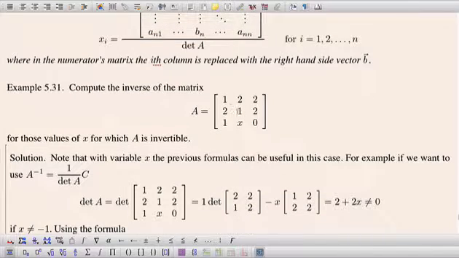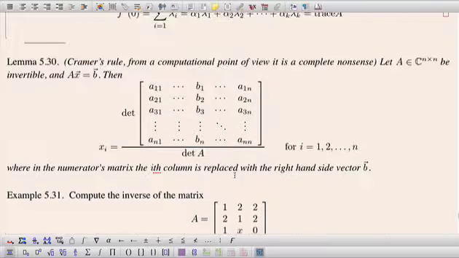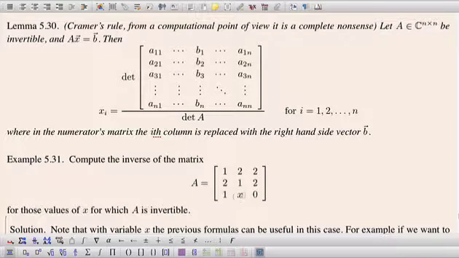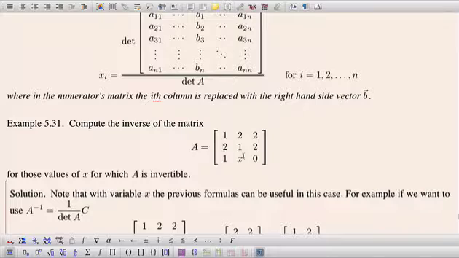The point I want to make here is that this is not exactly computational linear algebra because of the variable x. We cannot simply use Gauss-Jordan or Gauss elimination. So it might make sense to look at this theoretically and find out for what x there is an inverse.